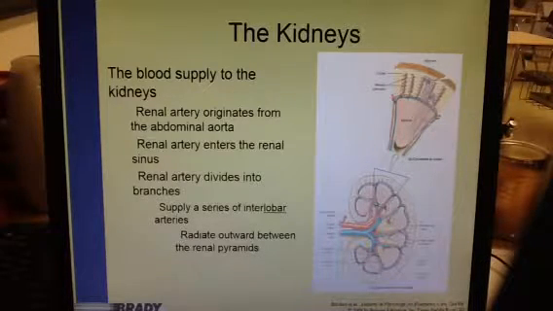And so here's where we go into arteries branching. They're called interlobar arteries, and they radiate outward between the renal pyramids, providing all of those nephrons with plenty of blood.